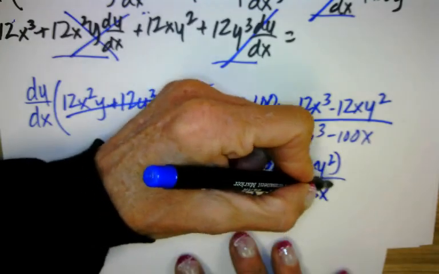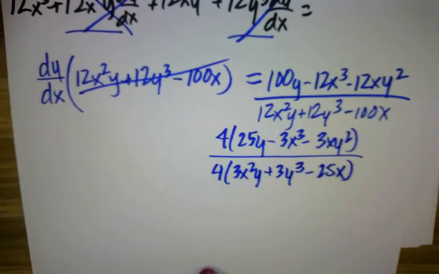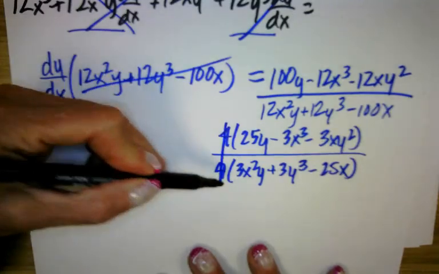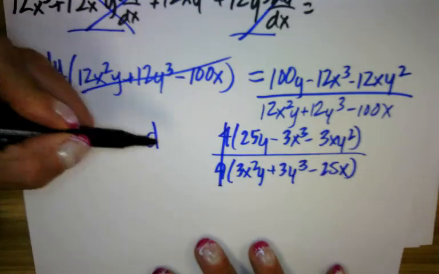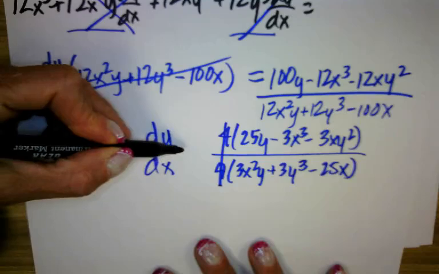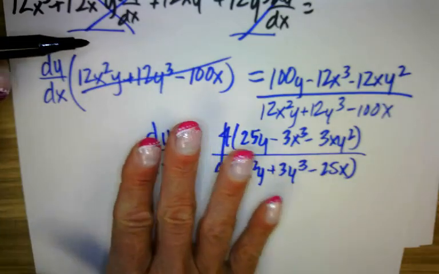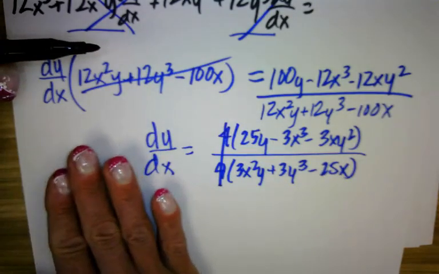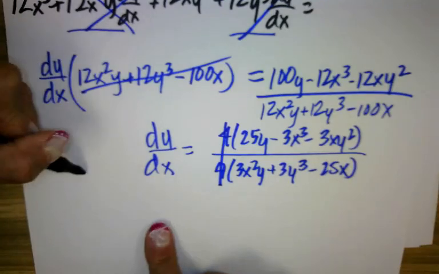That's the only way you can cancel something, is if you can factor the same thing out of the top or bottom. If the bottom would have just had 4x squared or something, you could have canceled the 4's.